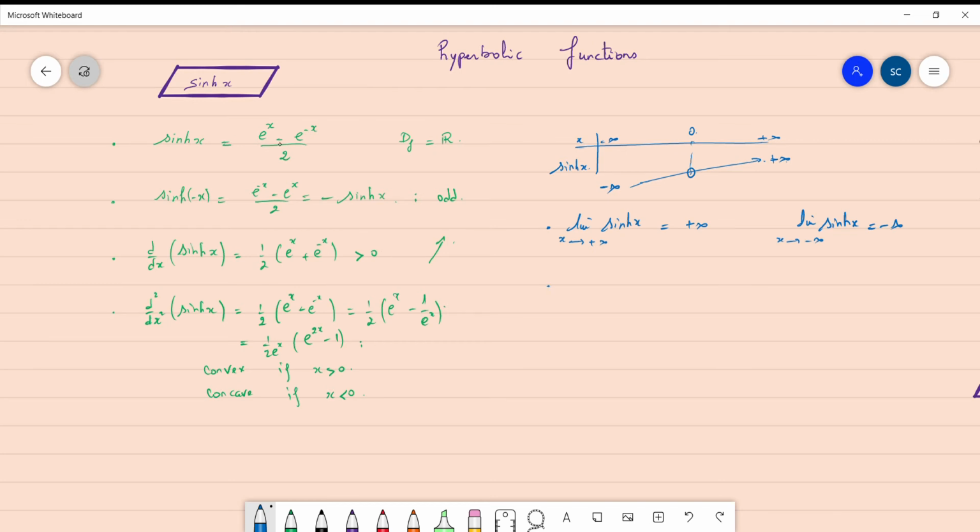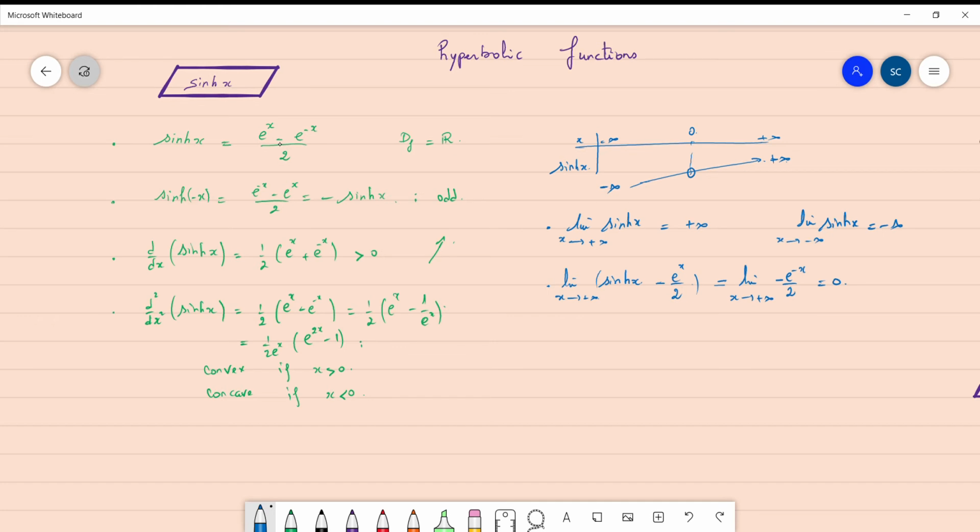If we compare sinh with e^x over 2 as x approaches plus infinity, the difference gives the remaining term, which approaches 0.